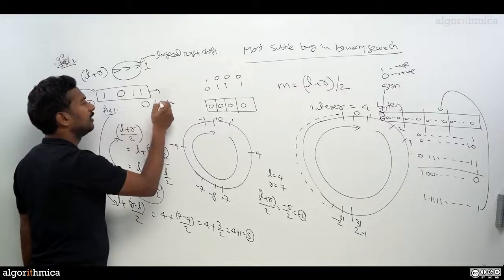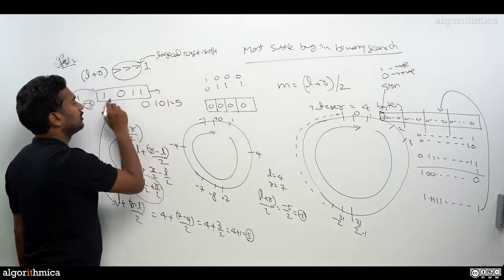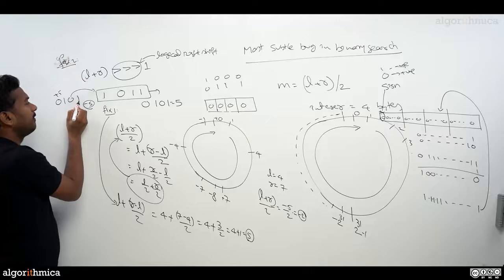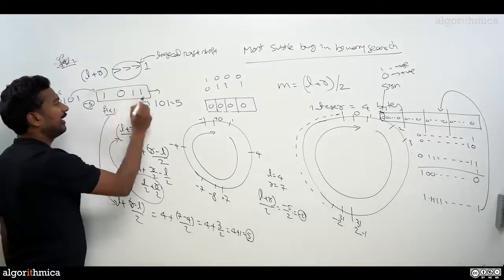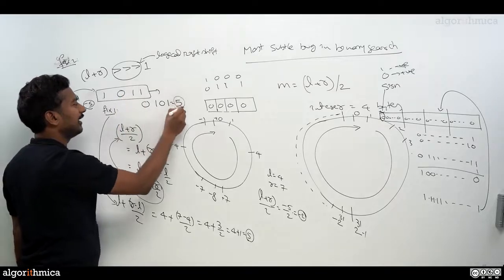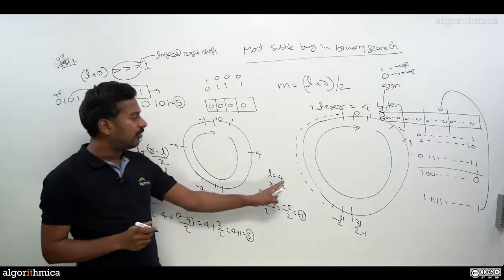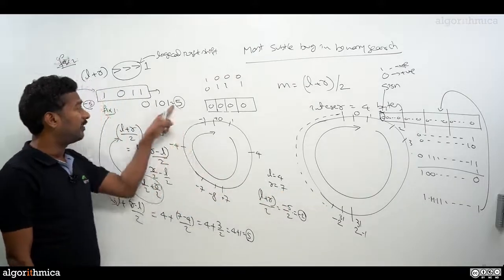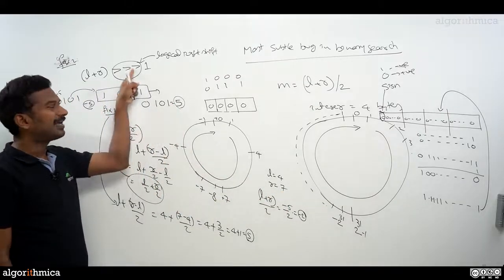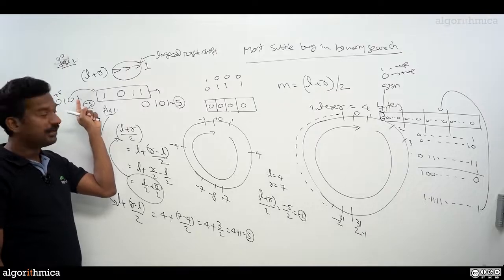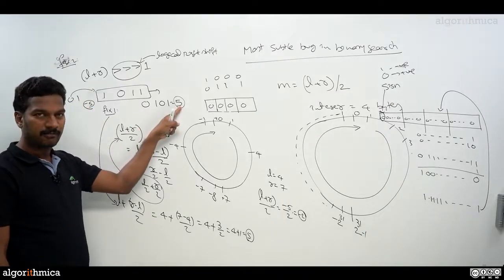This is nothing but 5: the bits are 0 1 0 1. Right shifting, 1 goes out, 0 comes in, and we get 5. You can see 4 plus 7 by 2, 11 by 2, we expect 5, and again we are getting 5, because the logical right shift takes out the negative sign, hence we get correct results.